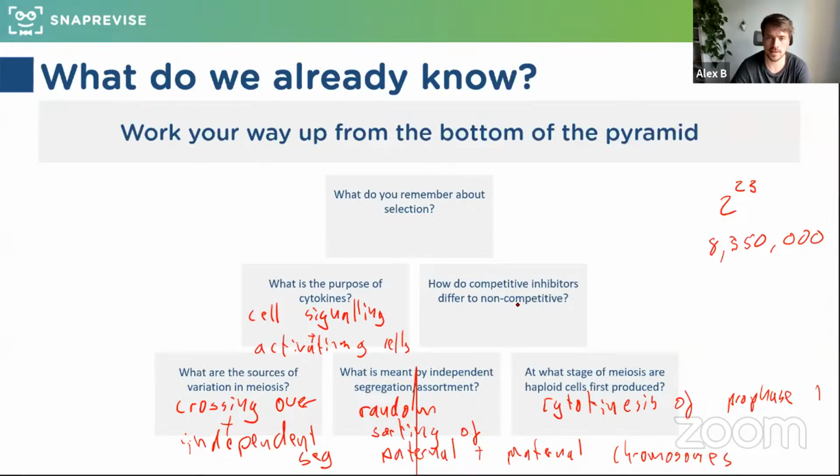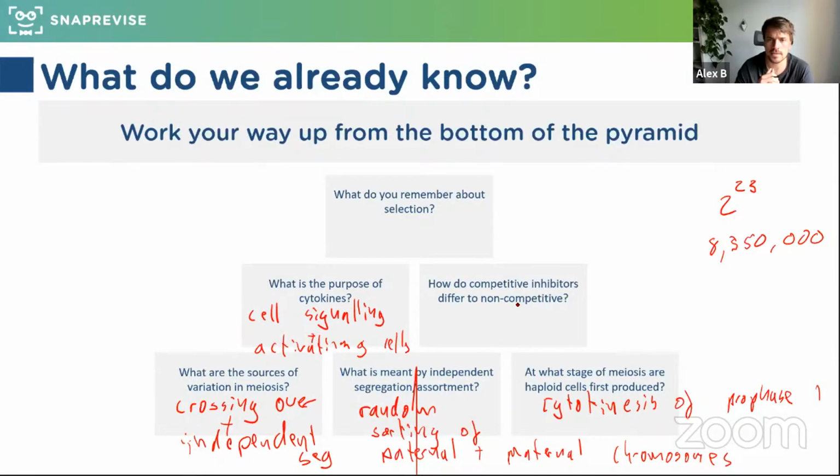So competitive bind to the active site, and non-competitive bind to a different part of the enzyme known as the allosteric site, as some of you guys have mentioned. And that changes the shape of the active site. So the reason we call them competitive is because they compete with the substrate. So yeah, they have to have a similar shape to the substrate, whereas a non-competitive inhibitor could be a totally different shape to the substrate.